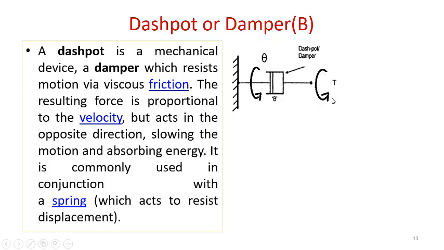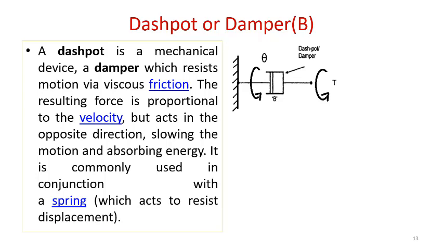The applied torque here is in an anti-clockwise direction when viewing it from this end, and there is angular rotation theta in the same direction. So the resulting force will be proportional to the velocity but acts in the opposite direction.